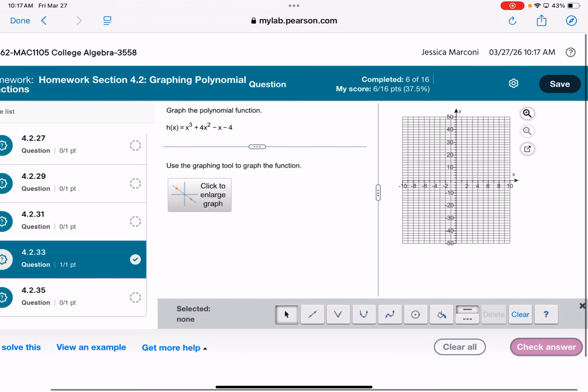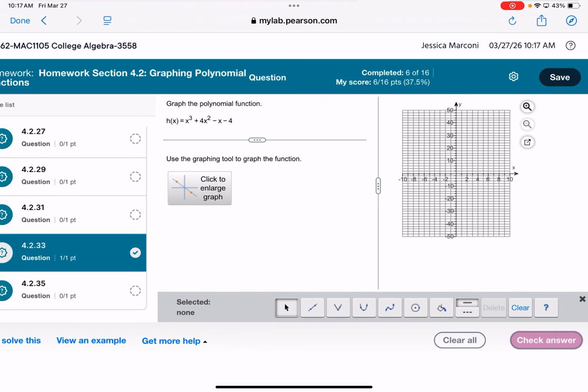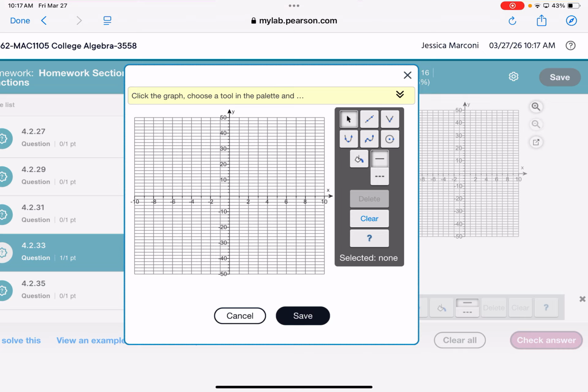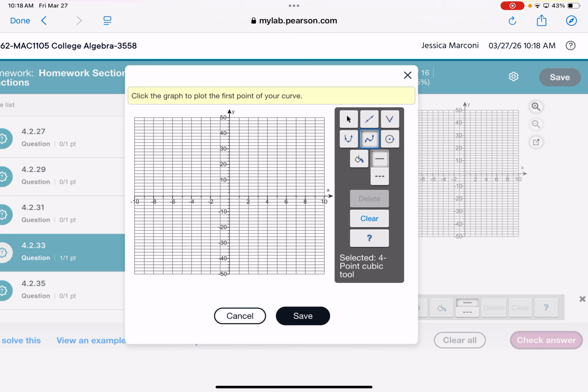So, see if I can do this. Okay, so when you graph this, once you get the general shape, you should know that it has some squiggly stuff happening in the middle, so you would want to pick this squiggly line option.